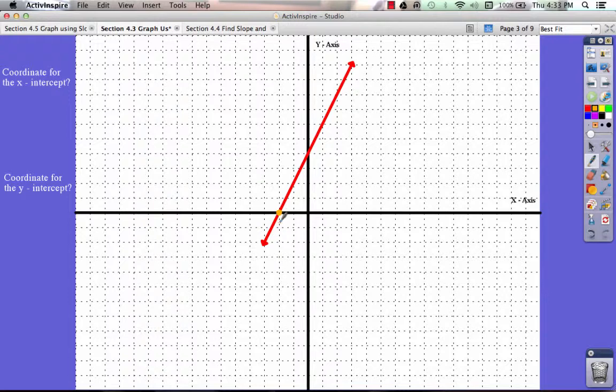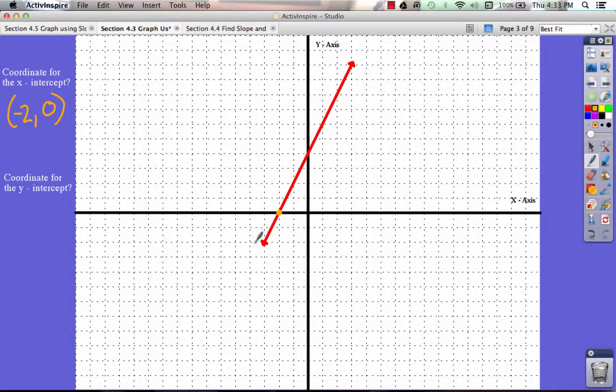So we want to write a coordinate for that point. The coordinate for this point is -2, comma, -2 to the left. We're not up and down at all, and we know the special case for an x-intercept is y is always 0. So the coordinate for the x-intercept is -2, 0.